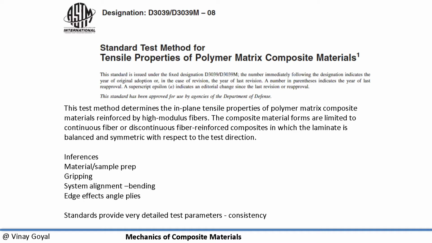It can also give you strength. The standards provide very detailed test parameters. If you download one of these, it's going to give you a lot of information: references, material sample prep, gripping, system alignment, edge effects, angle plies. It's going to have a lot of information that you can go through and assess.